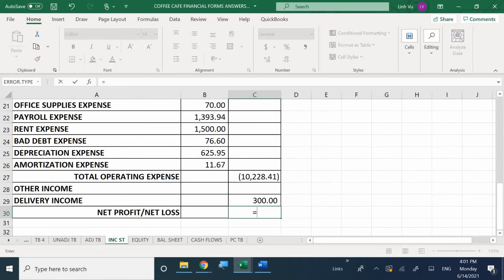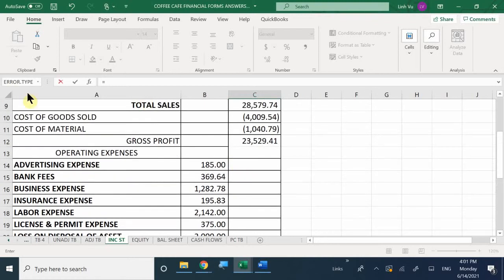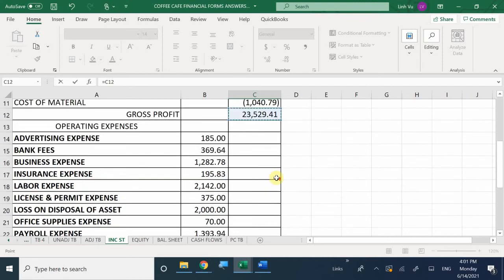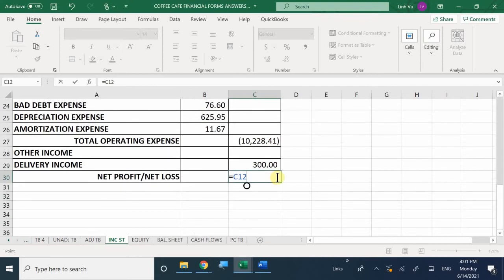So then my net profit is going to be my gross profit of 529.41. I'm going to subtract, or in this case add, my total operating expenses. I'm also going to add my $300 delivery income because that's considered other income. So in this case, what is my net profit or net loss?